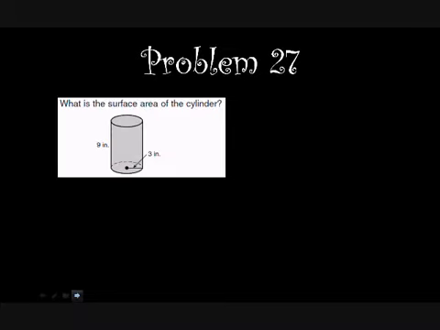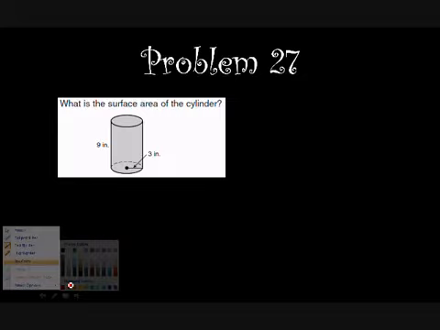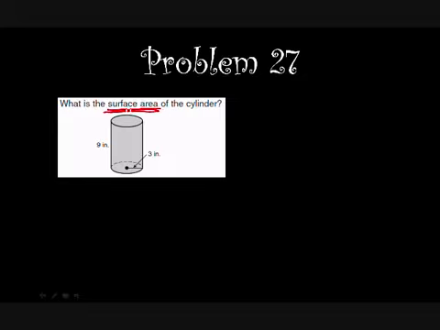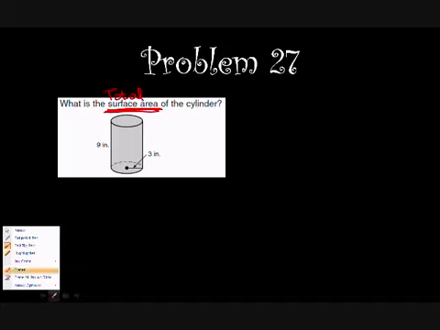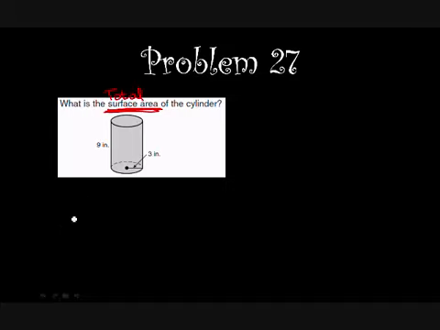Okay, problem 27. What is the surface area of the cylinder? Remember that if they don't give us a specification, lateral or total, then your default would be total. Okay, so we're looking for the total surface area, and the total surface area formula is going to be pi r h.